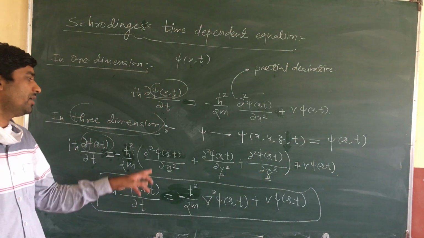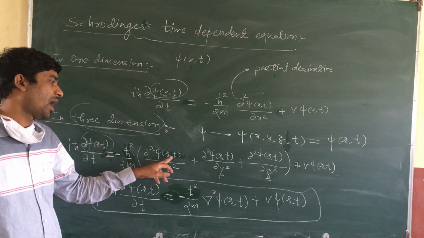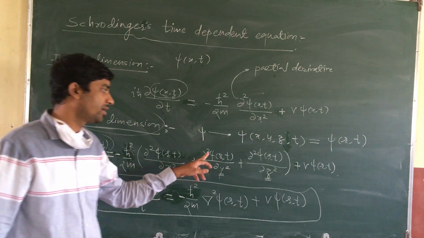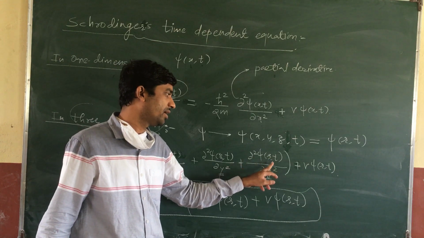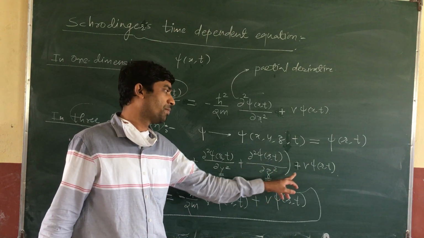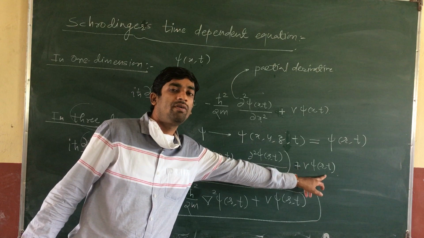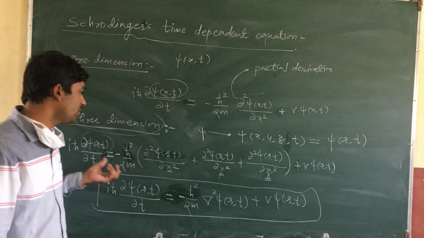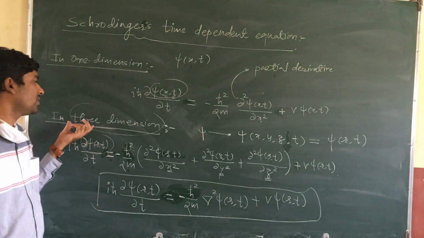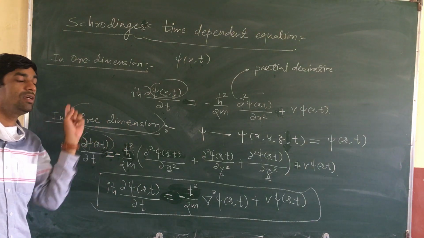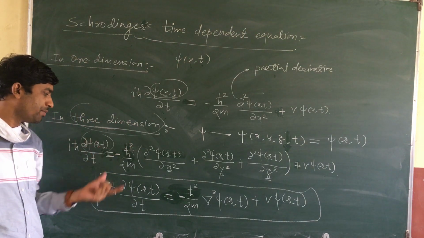So I have written ∂²ψ/∂x², ∂²ψ/∂y², ∂²ψ/∂z², plus Vψ(r,t). This is Schrödinger's time dependent equation, but in terms of three dimensions.